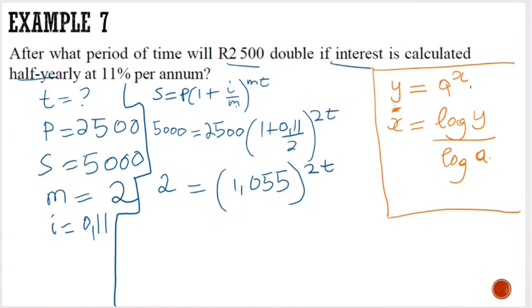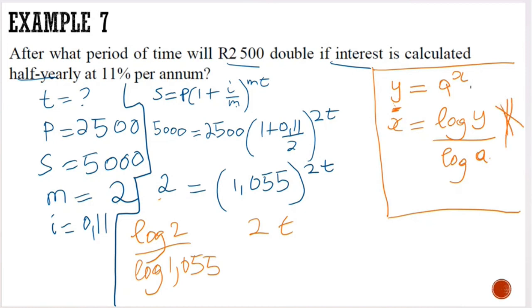If we apply this into our context, this is our exponent, this is our x. So we have 2t equal to the log of 2 divided by the log of 1.055. This is according to this truth of the mathematicians.